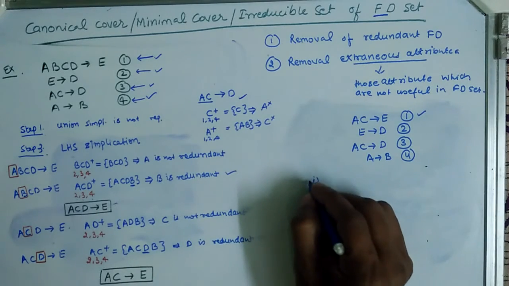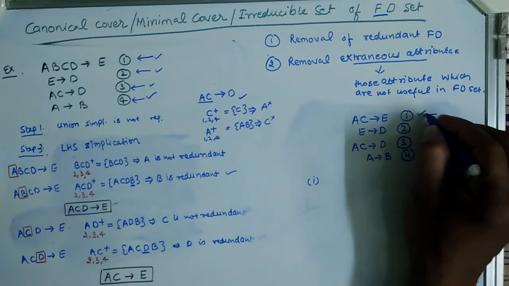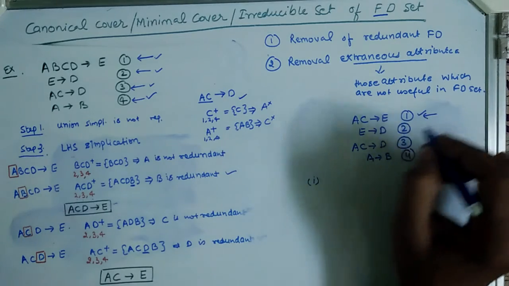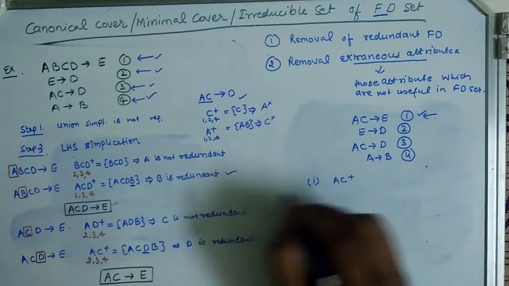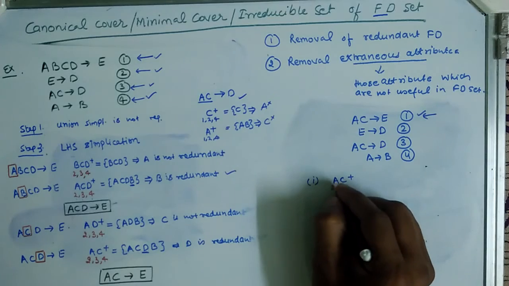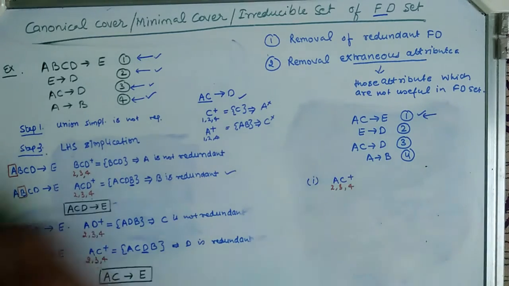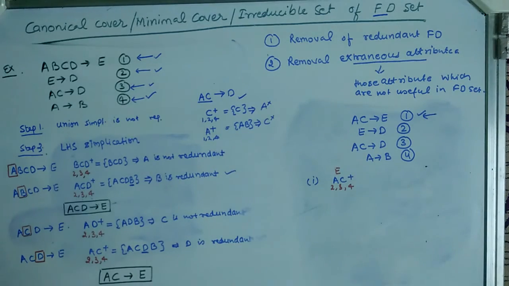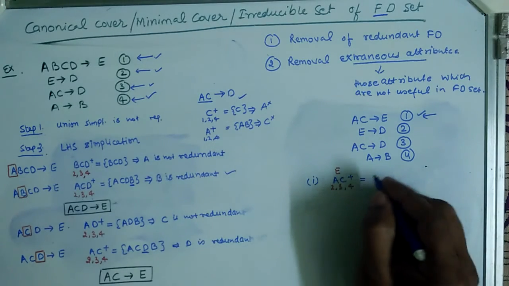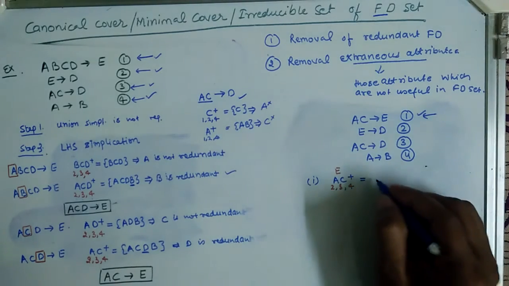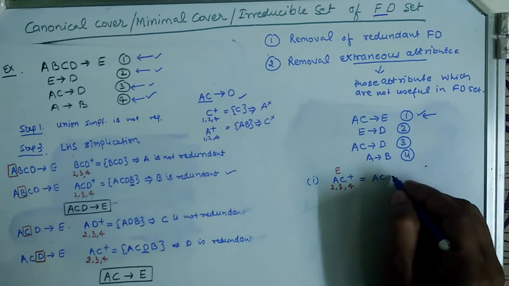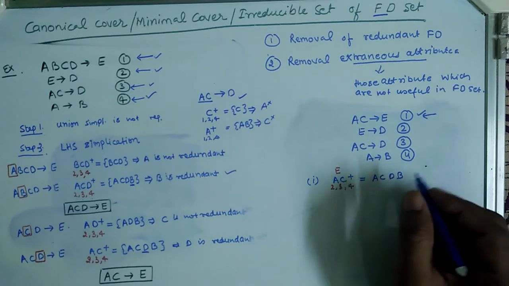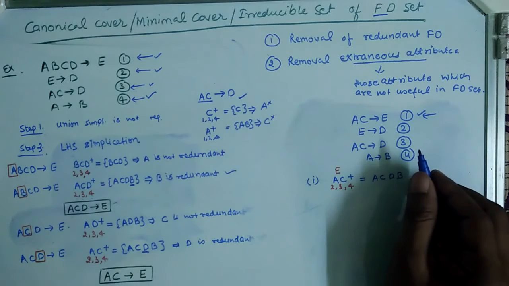First we need to hide this AC tends to E and try to find out the AC closure from equations 2, 3, 4, and find out whether we get E from this AC closure. When we find the AC closure from equations 2, 3, 4, we get AC, D and B, but we cannot find E, so this is important. So this functional dependency is not redundant.